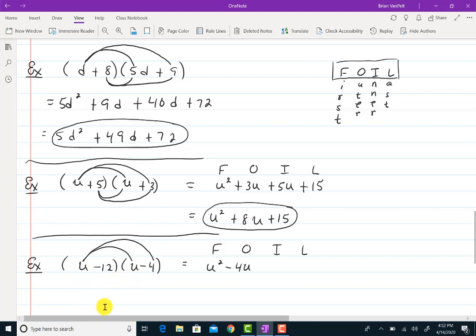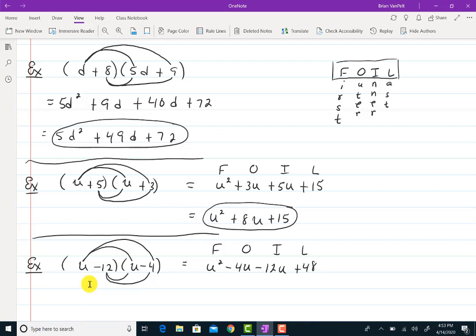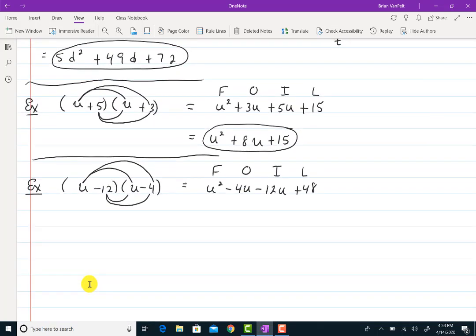And then for my I, I have negative 12 times u. And then finally, for my L, I have negative 12 times negative 4, which is positive 48. So let me go ahead and combine my like terms. u squared minus 16u plus 48.